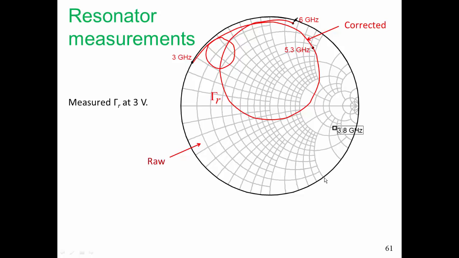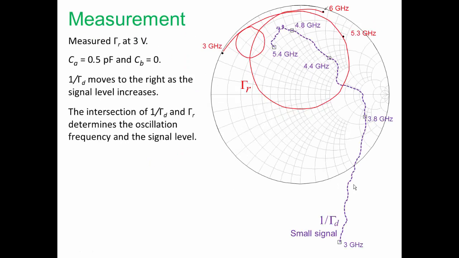So this reflection coefficient is measured with a tuning voltage of 3 volts. Here are the measurements of gamma R again with a tuning voltage of 3 volts, and also shown here are the characteristics of our active network with a small signal.